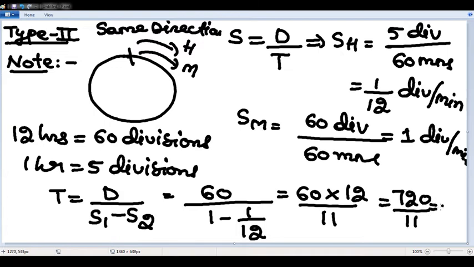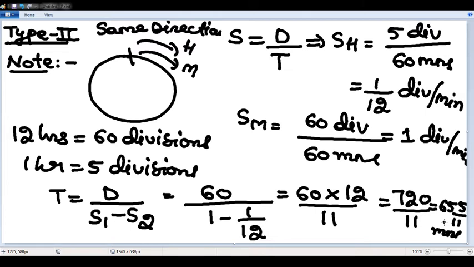Please take a screenshot in case you are watching it on a system, or take an image if you are watching it on a laptop. Sai, I will tell you in the next slide why it is S1 minus S2. If two bodies are traveling in the same direction and both are two different objects, there is no supporting element.